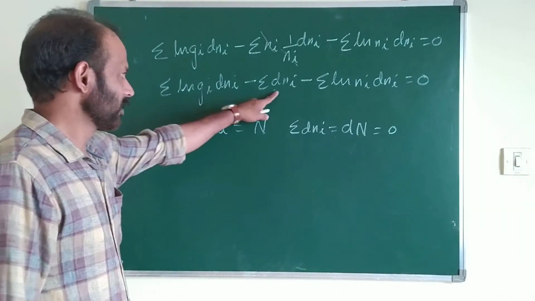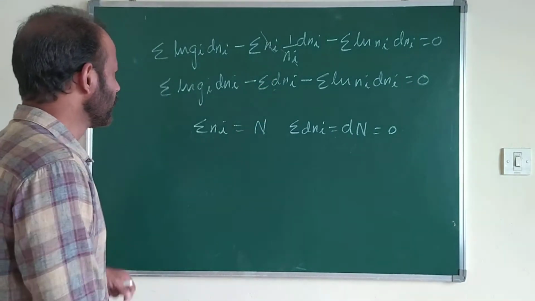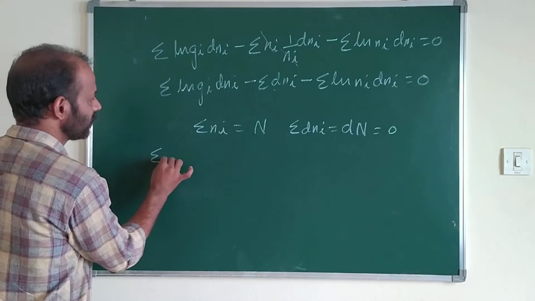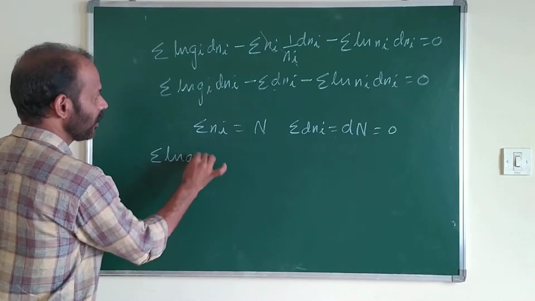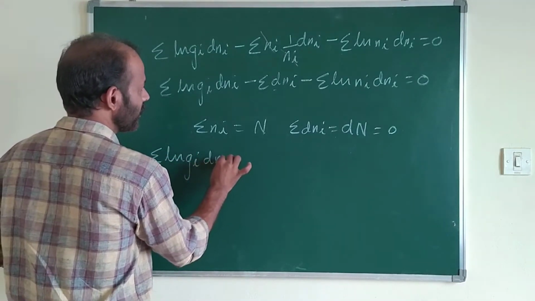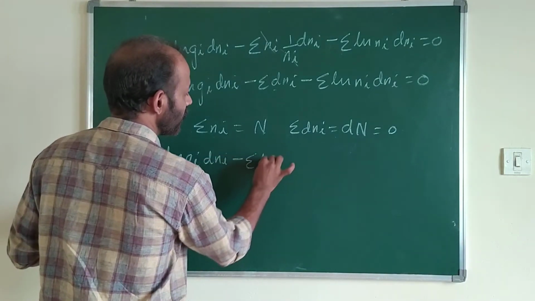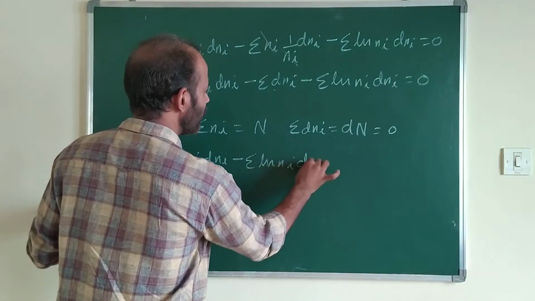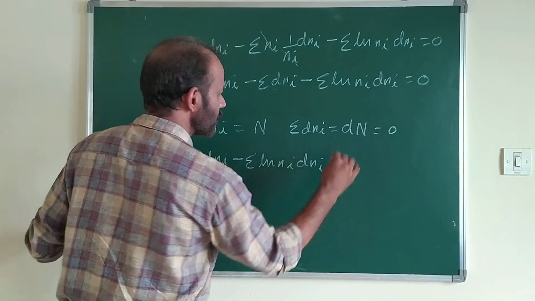Then we can write the equation as ln gi dni minus ln ni dni is equal to 0.